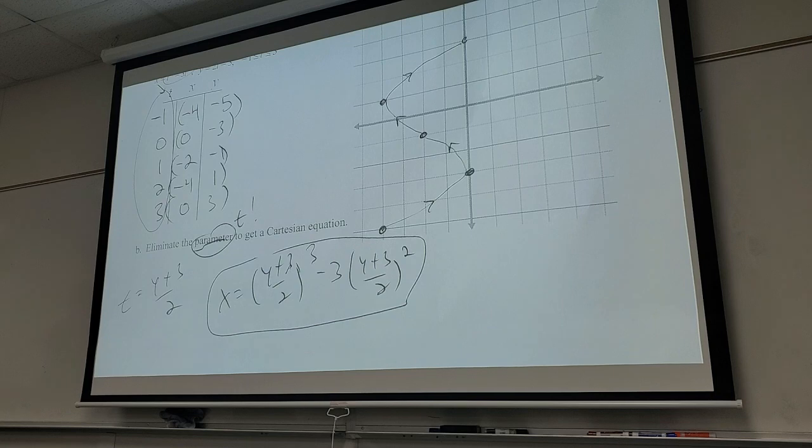All right. Desmos. Third power minus, this is exciting, minus 3 times y plus 3 over 2 to the second power. So watch this. What I just put into Desmos, oh, that's not going to work yet.